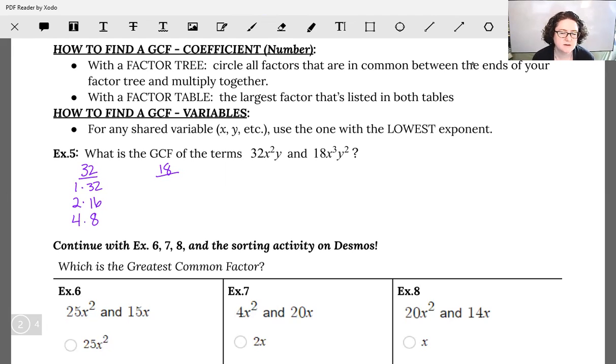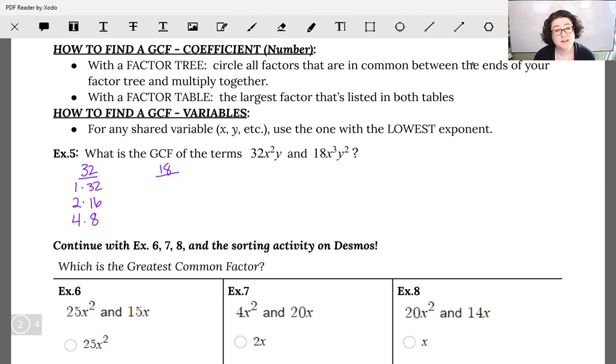If you check it on your calculator, 32 divided by 6, unfortunately, does not divide out. And then we're getting up to 8. Then we'd have things like 10, which doesn't factor out, and 12 doesn't factor out. So these are all of our factors to consider for 32: 1, 2, 4, 8, 16, and 32.